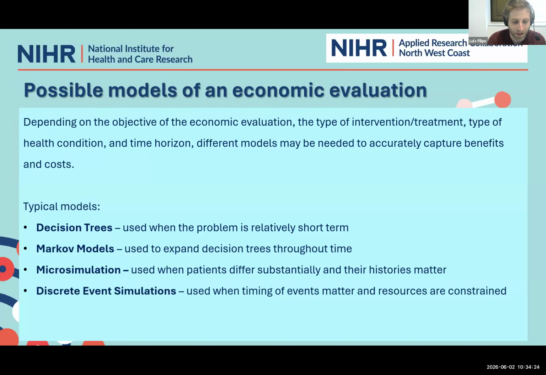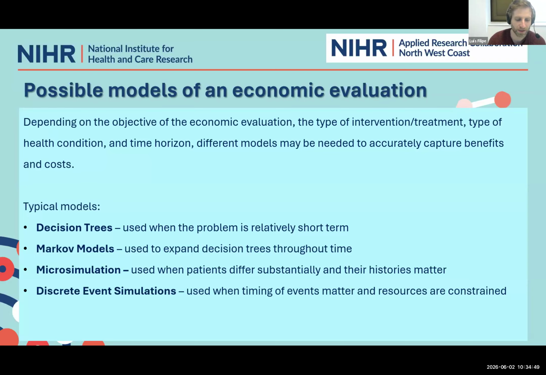So first, what are models? Why do we need the models? The models are basically, as the name implies, models. It's a way for us to create a structure and systematize the economic evaluation that we are going to do. And they are very helpful because they help us, for example, to extrapolate beyond the clinical trial, beyond observable data.